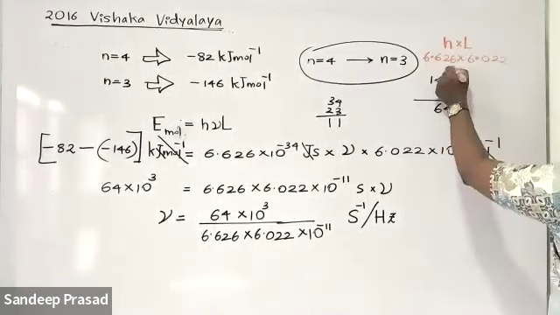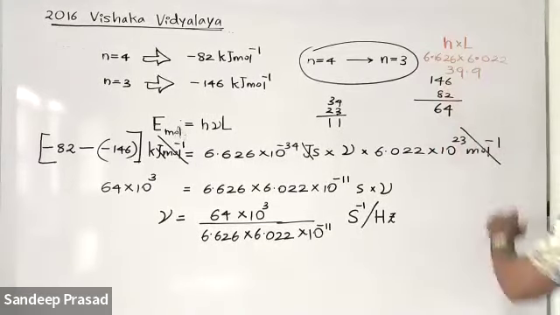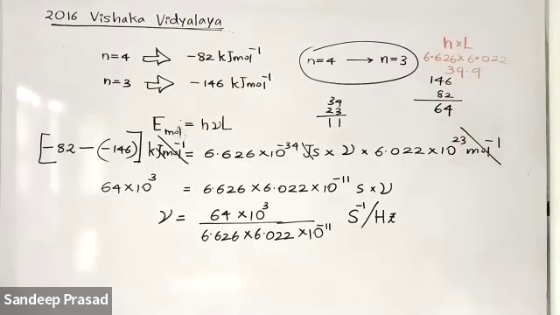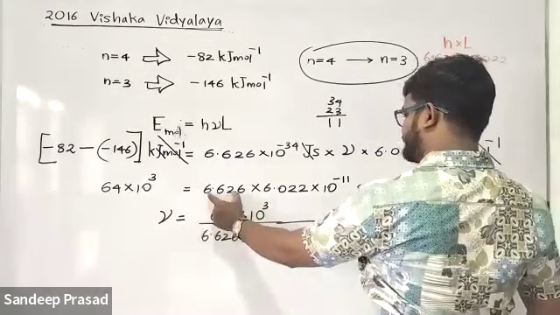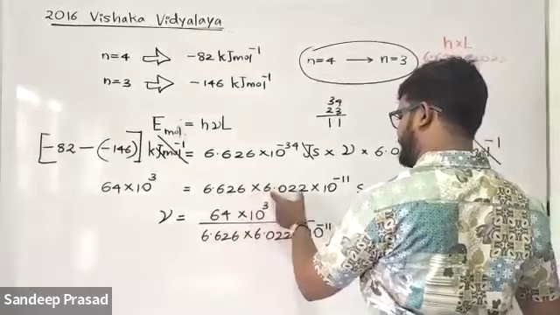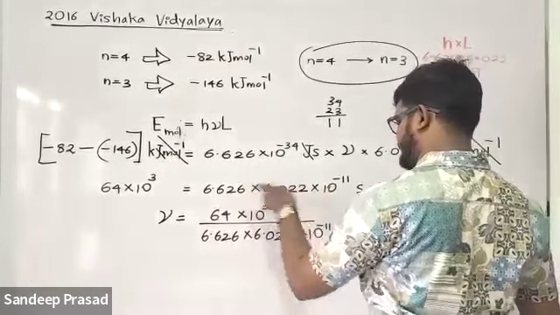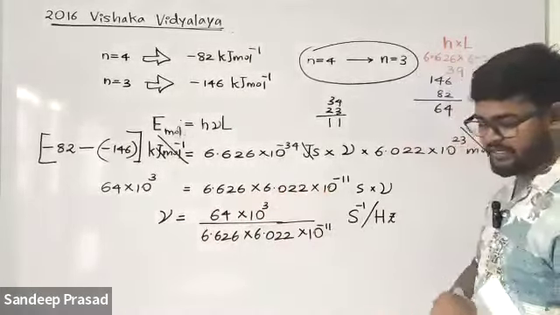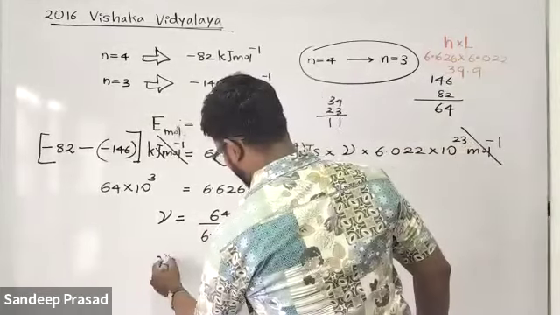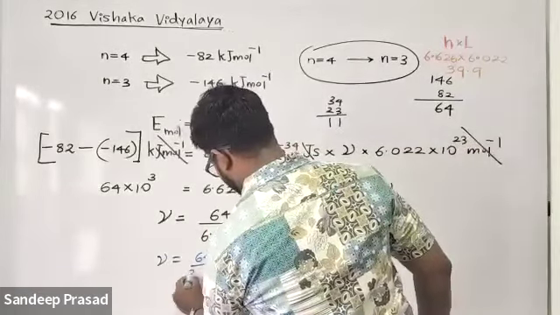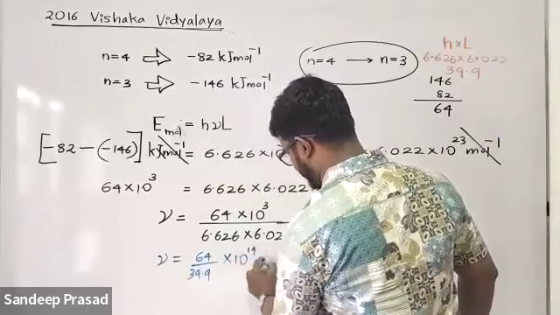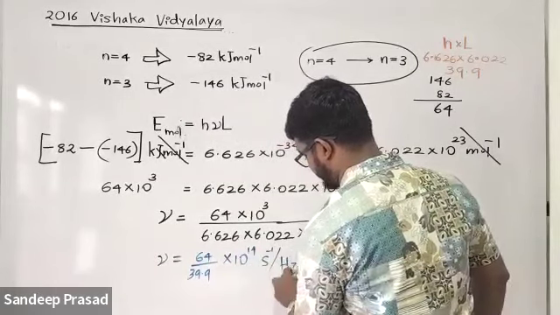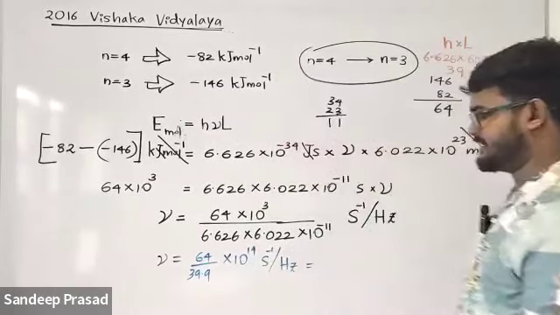This multiplication is equal to 39.9. So nu equal 64 divided by 39.9, and here we have 10 to the power 14 per second, or hertz. Now do the simplifications and get the answer.